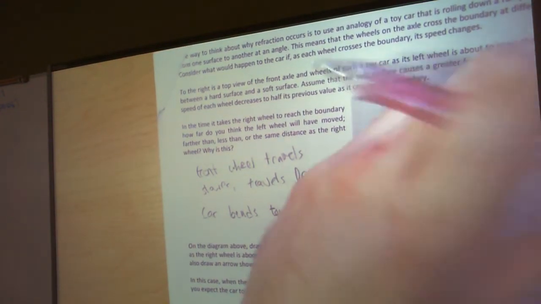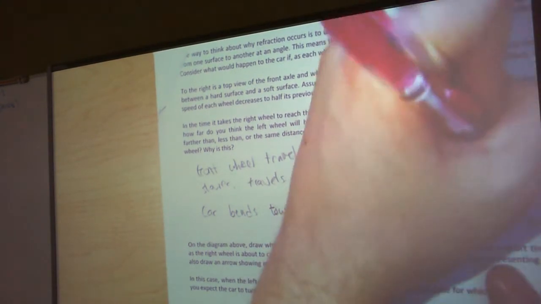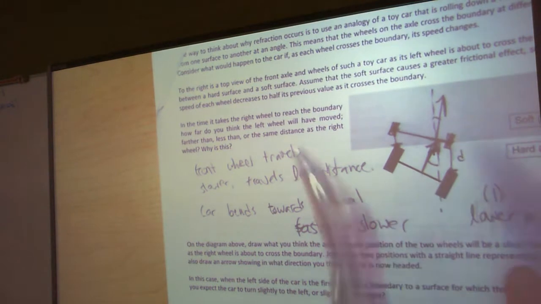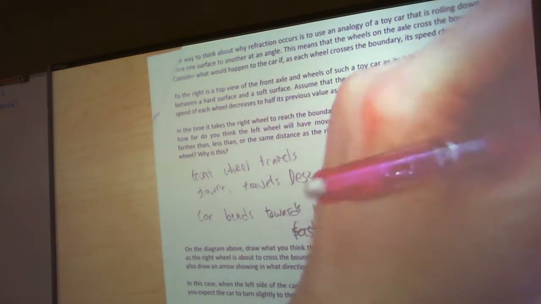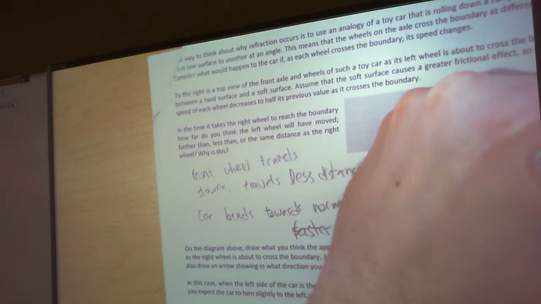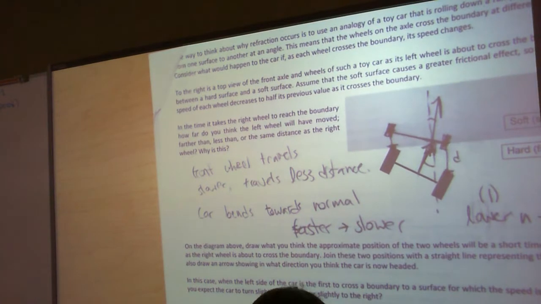A lower refractive index, a refractive index of 1, is the fastest. And going to a higher refractive index, like water or glass or diamond, it'll bend towards normal.